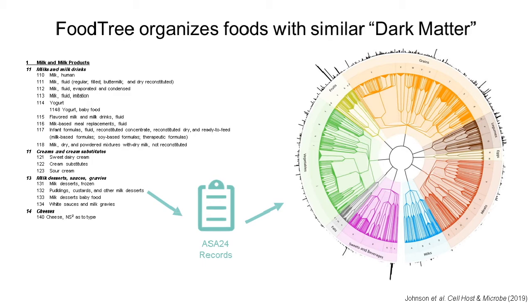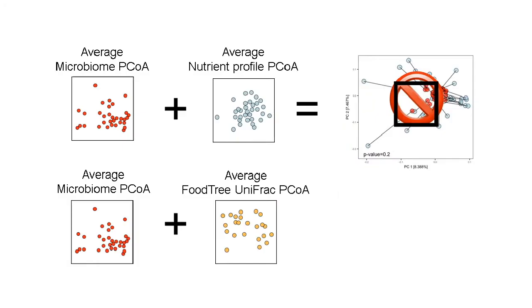So now we turn back to this problem of comparing microbiome between people to diet between people. But here we're taking the food tree unifrac distances between people's average food intake profiles. So unifrac is this very powerful beta diversity metric that's been very effective for comparing microbiome samples.